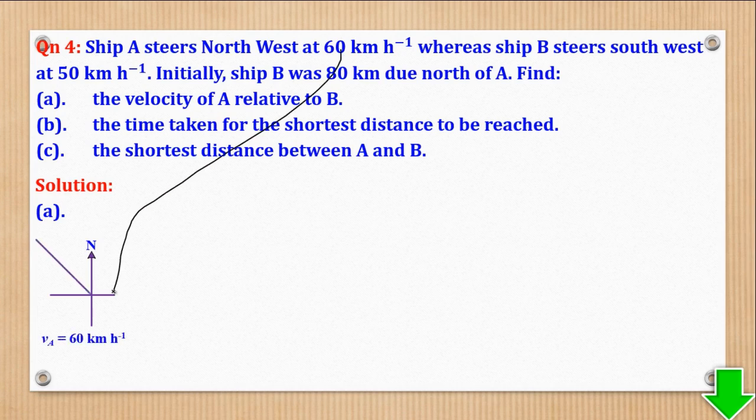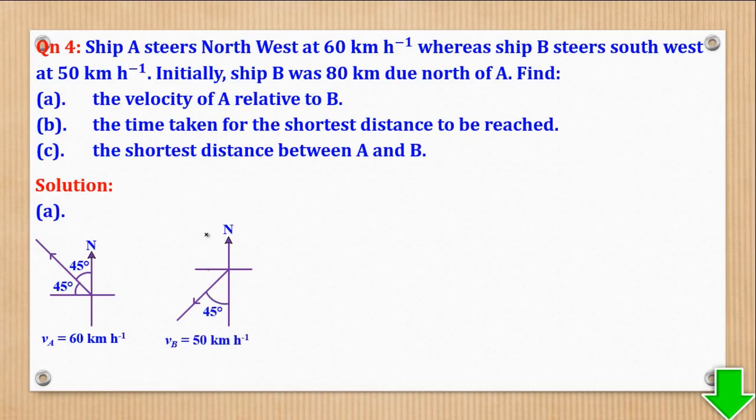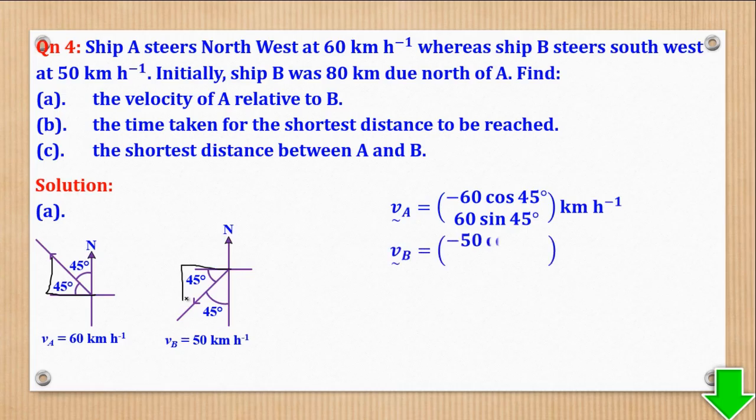So still we shall first make a sketch to convert to vector form. So this is ship A, northwest, then ship B, which is southwest. So ship A, it is negative horizontal, positive vertical, which is that. Then ship B, it is negative horizontal, negative vertical.